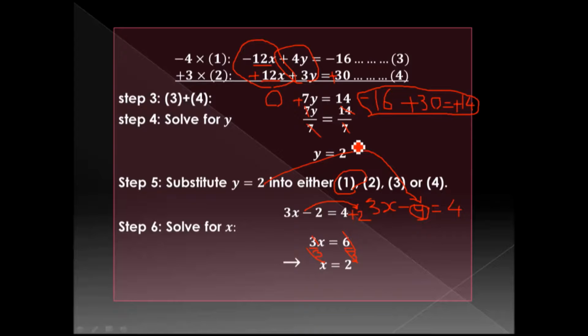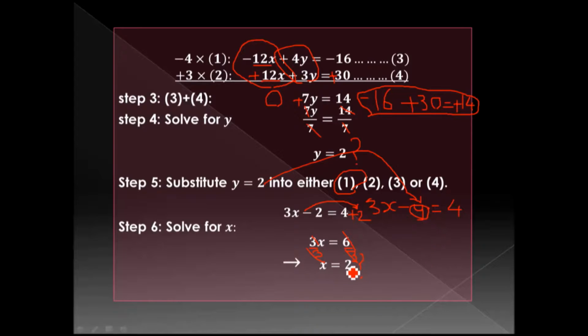Now the question is, is 2 the accurate value of x, and is 2 the accurate value of y? Well, in order to verify our solutions, we have to carry out the following procedure, which is not necessary under examination conditions, but if you want to be more prudent with your solutions, then I'll advise you to carry out this procedure.